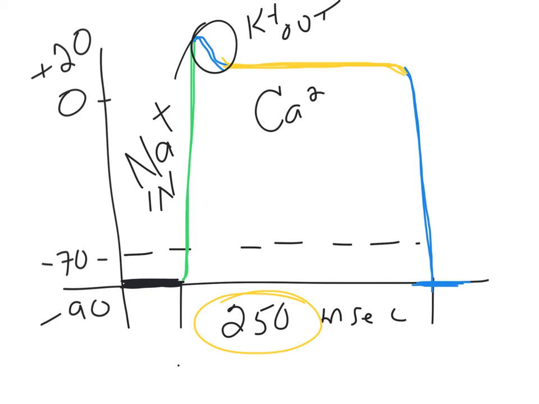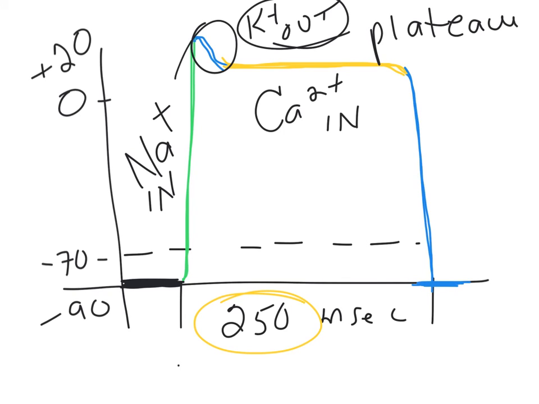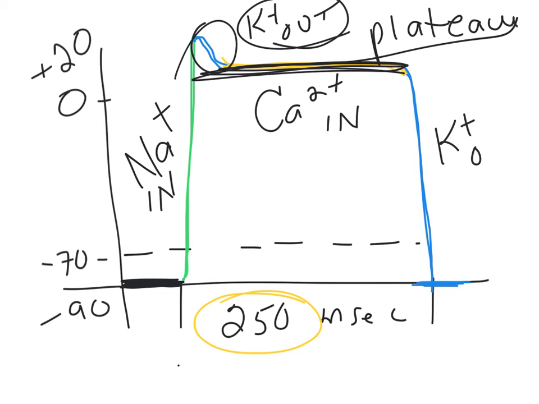So calcium channels open up here, and calcium is going to come in and offset that potassium moving out, and as the calcium comes in, it is going to maintain that level of depolarization, accounting for what's known as the plateau of this action potential. And that is this section right here. So then what happens is the voltage-gated potassium channels open up and the calcium channels close, so now the efflux of the potassium out of the cell causes the cell to repolarize back down to the resting membrane potential.